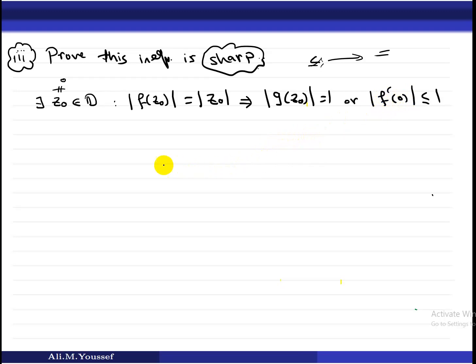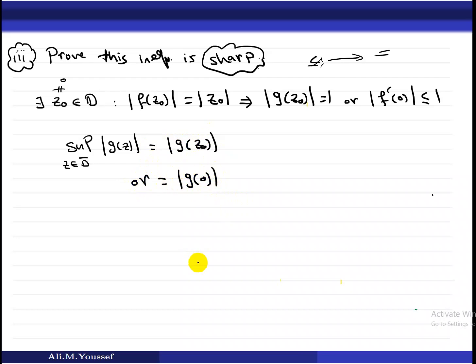So let's see. We have the suprema over z in D closure of the function g of z. It's the same, but this suprema, it's the same value. I have the value here. So it means that it's equal to the modulus of g of z naught, or it's equal to the modulus of g of 0 when z is equal to 0.